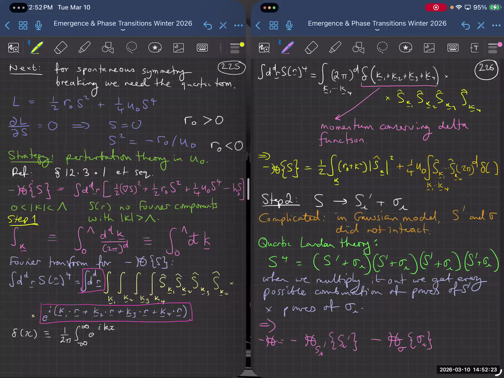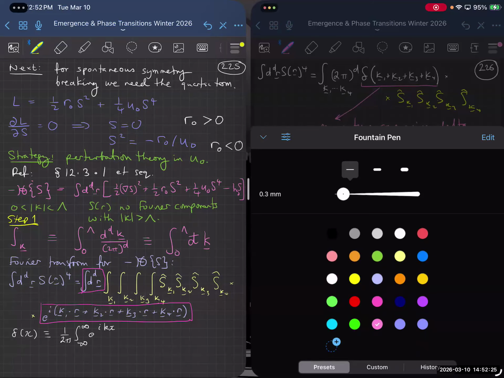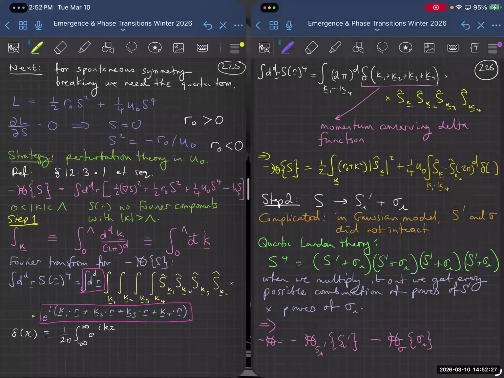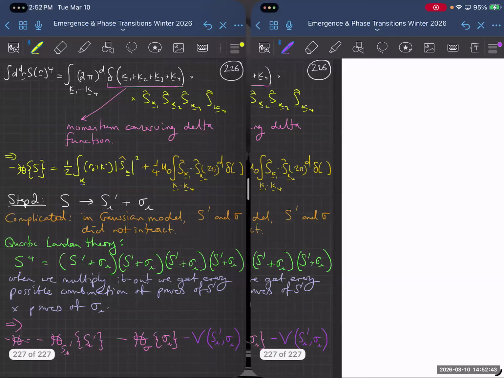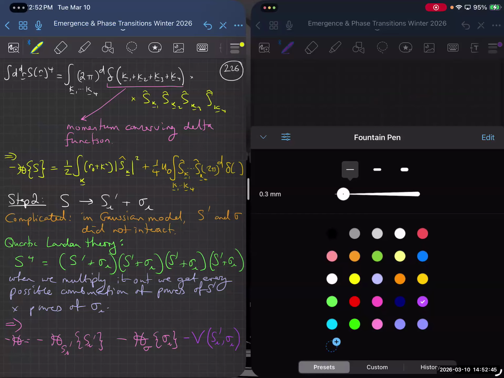And then there's going to be another term, just like we had before in real space, where I now have an interaction between the SL primes and the sigmas. And so everything that we're going to do is going to be to compute that perturbation. So let's have a look and see how we do that.